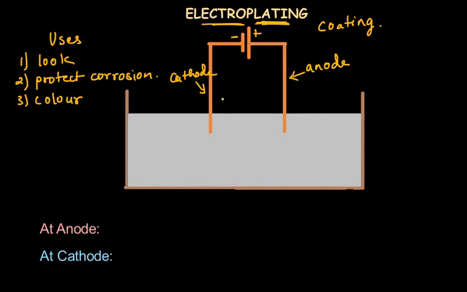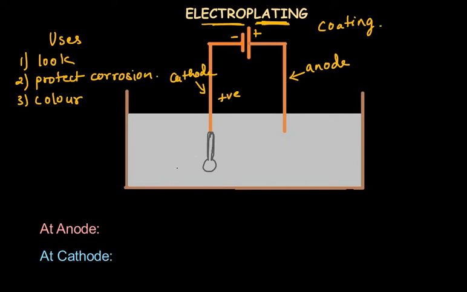We also know that the deposition of a positive ion, that is metal, will occur on the cathode. So if we want an electroplating of a metal on any substance, the substance has to be made the cathode. For example, if we want to coat a spoon with silver metal, we have to make the spoon the cathode.